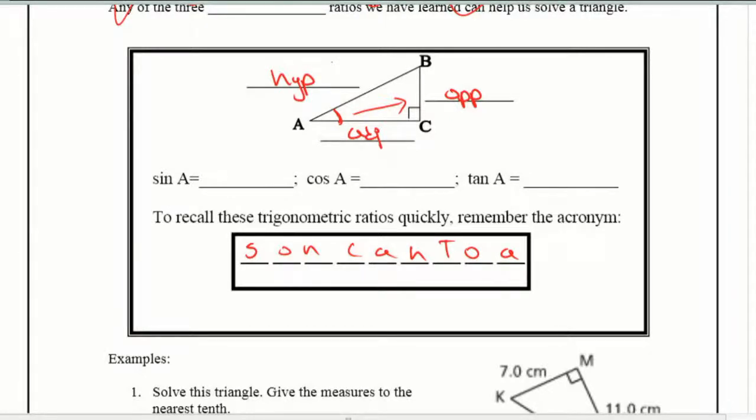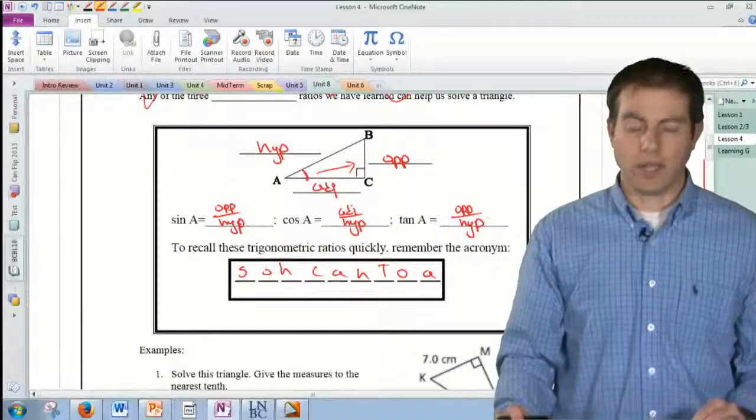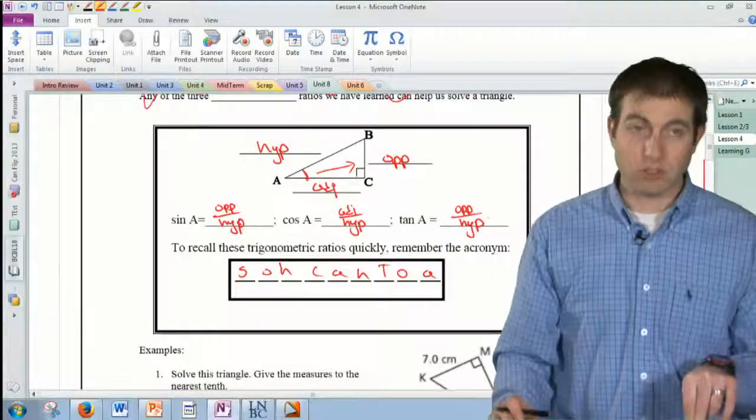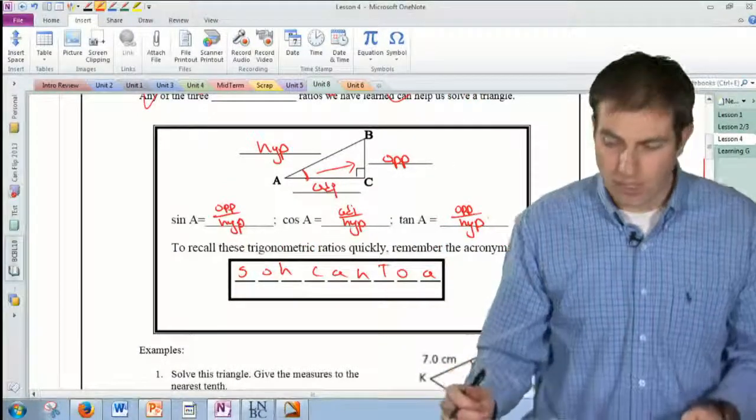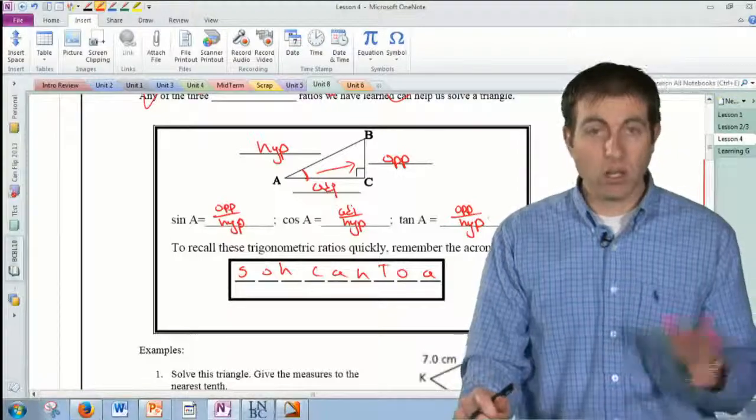The sine is the opposite divided by the hypotenuse. The cosine is the adjacent divided by the hypotenuse, and the tangent is the opposite divided by the adjacent. So that is SOHCAHTOA, in general what we're going to use to solve all of these problems.